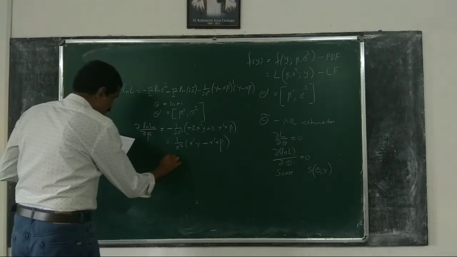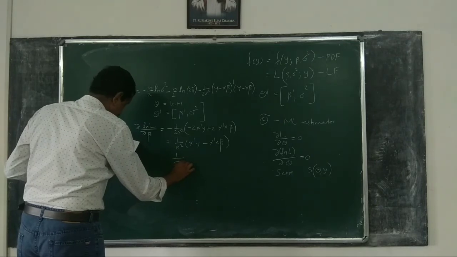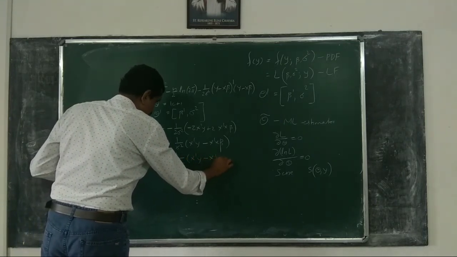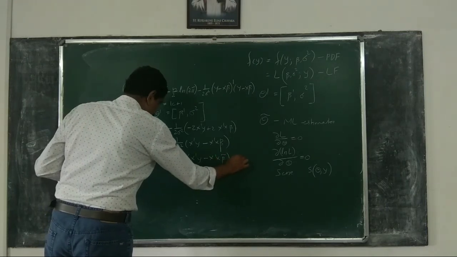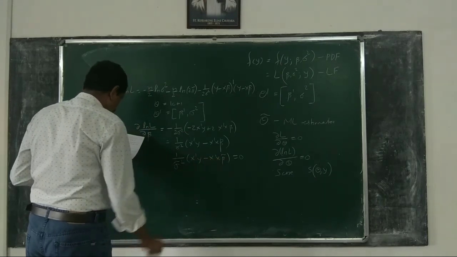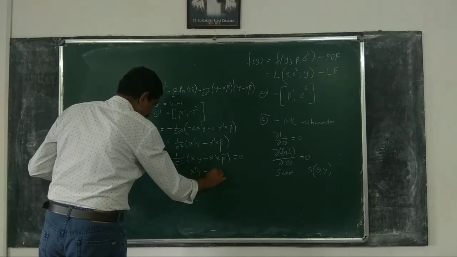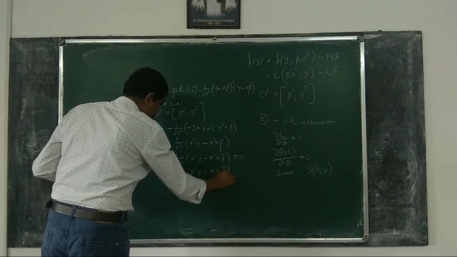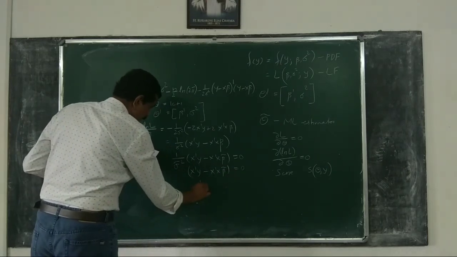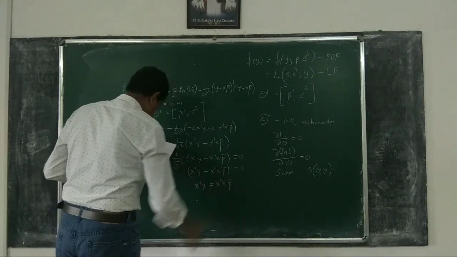Equating 1 by sigma tilde square (x transpose y minus x transpose x beta tilde) to 0, giving specific values to these two unknowns, gives x transpose y equal to x transpose x beta tilde.